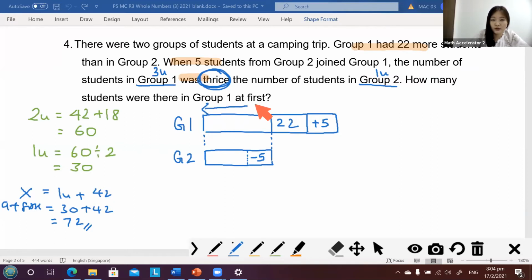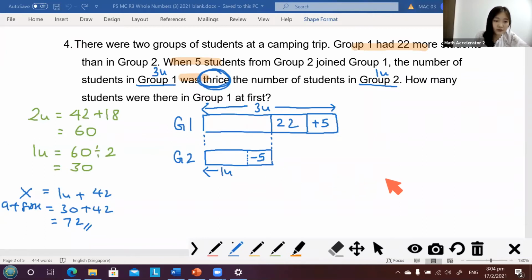Take note, where do you start and where do you end the 3 units? You must include the 5 here because this is after 5 students transferred over. Okay, and then now group 2, 1 unit. Do I need to include the 5 here in the 1 unit?